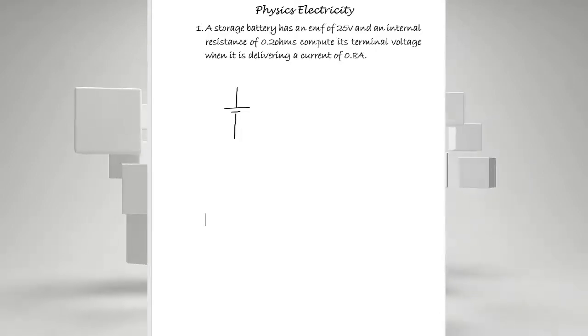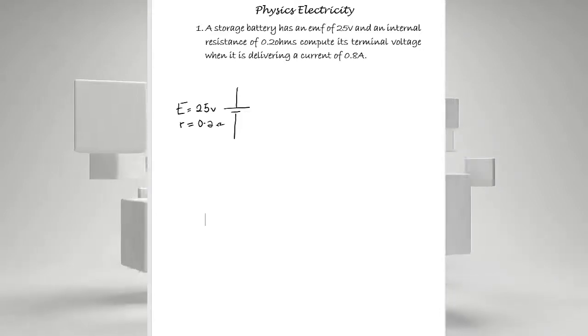We know that there is a way we represent our voltage and our current in terms of resistance based on Ohm's law. But before I go into that, I would just like to draw the diagram. The question says we have a source which has an EMF of 25 volts, so that is represented as that on the screen.